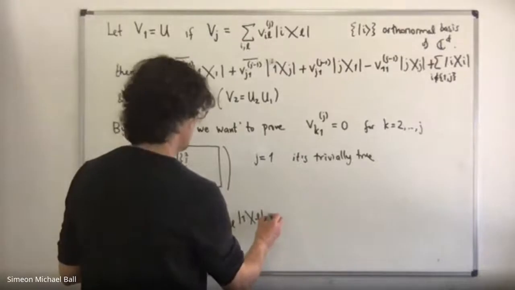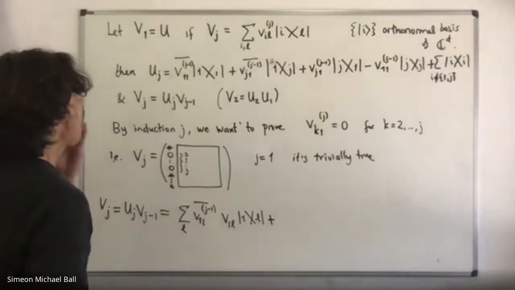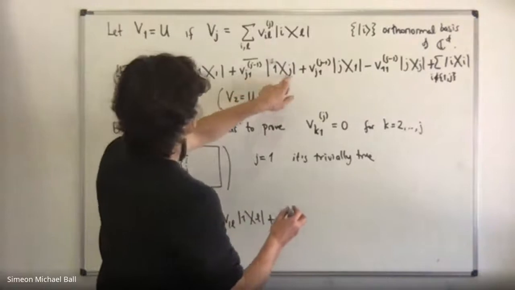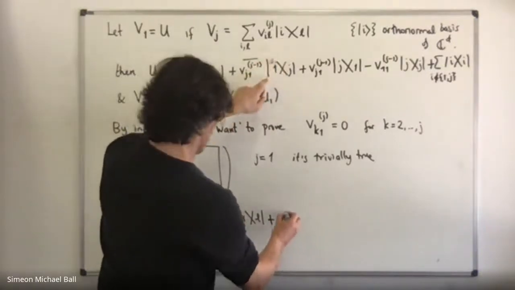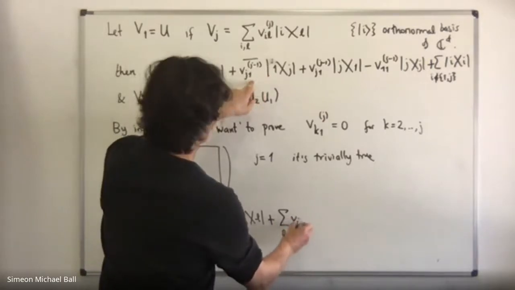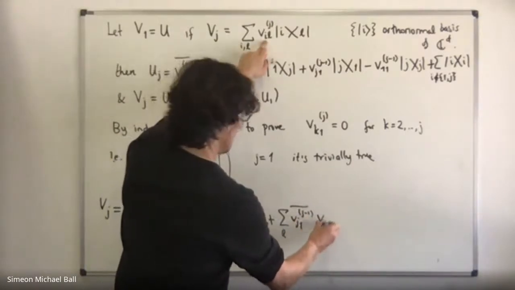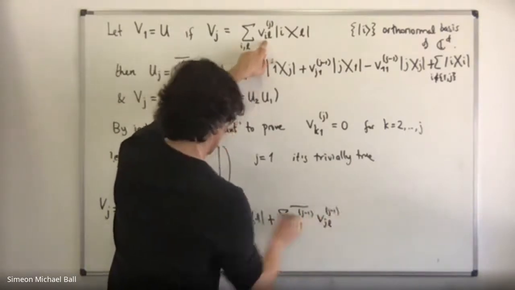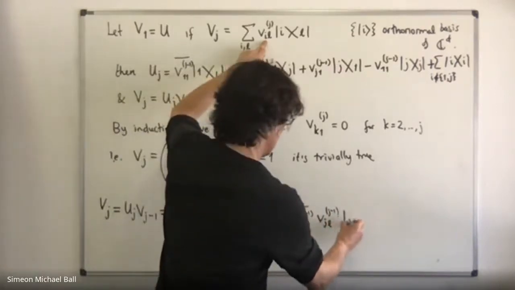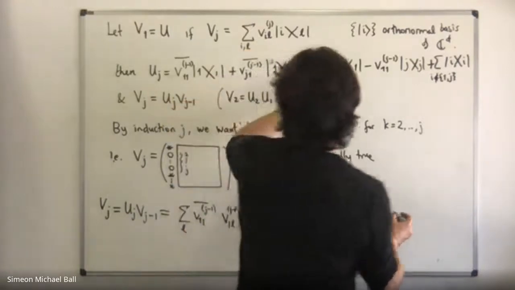Okay, so let's just do that. Plus, this one now is going to get this J. This is going to be set to J. So sum over L of Vj1 J minus 1 bar, Vjl J minus 1. This is J minus 1 here. They're all J minus 1. And then you get a Jl. Plus a third term here.